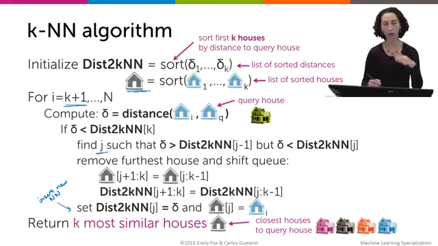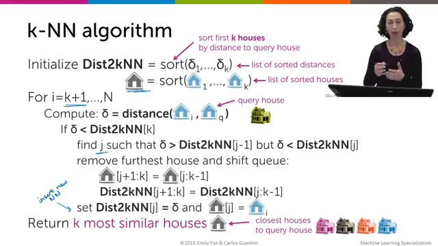So once we cycle through all our observations in our data set, what we're going to end up with is a set of the k most similar houses to the query house. And like we described before, when we want to predict the value associated with our query house, we're simply going to average over the values associated with these k nearest neighbors.